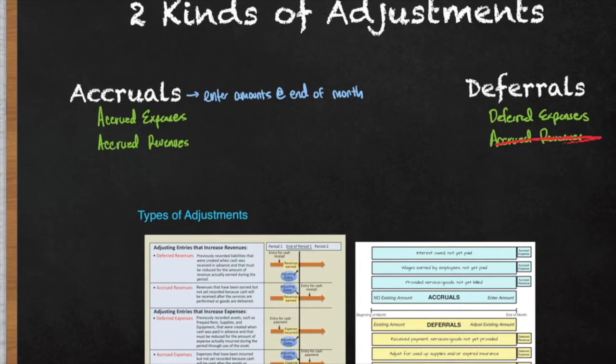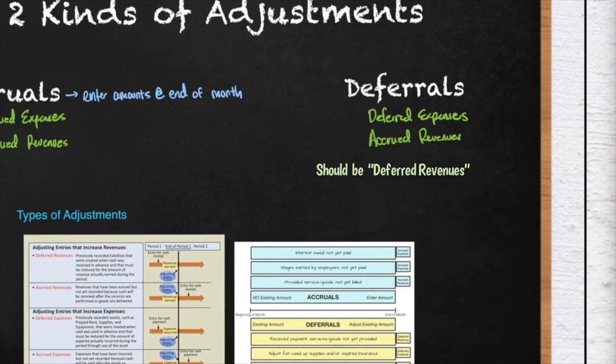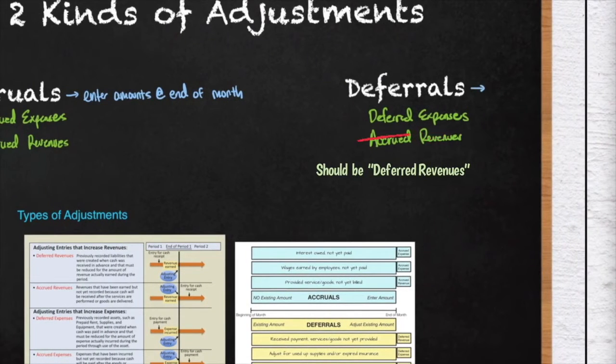That's important because in comparison, deferrals have existing amounts or amounts that are already there or recorded. And at the end of the month, you have to adjust those amounts because they have changed. Just like our $500 example, where you had $500 worth of money and you spent money throughout the week and now you have to adjust it.